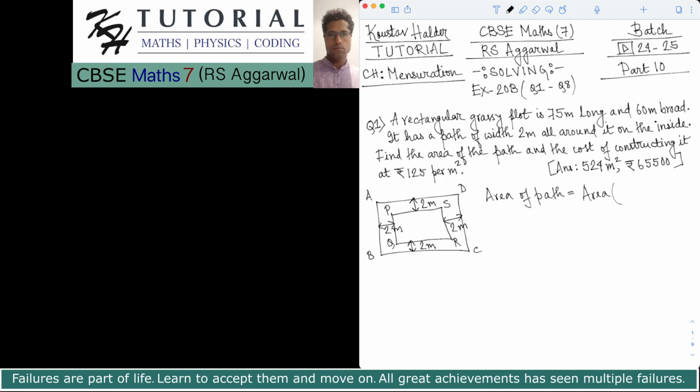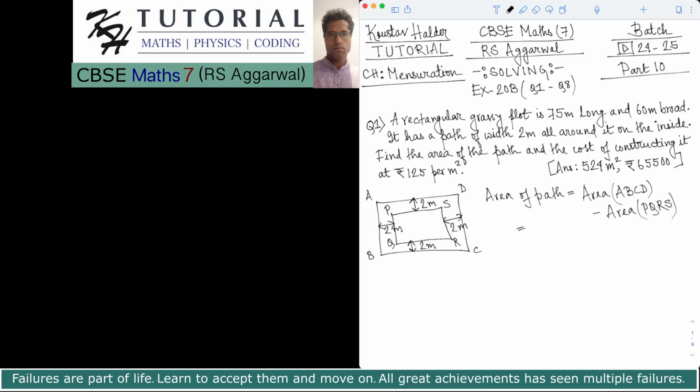So area of the rectangle ABCD, which is the rectangular plot, minus area of the rectangle PQRS, which is basically the inner boundary of the path.